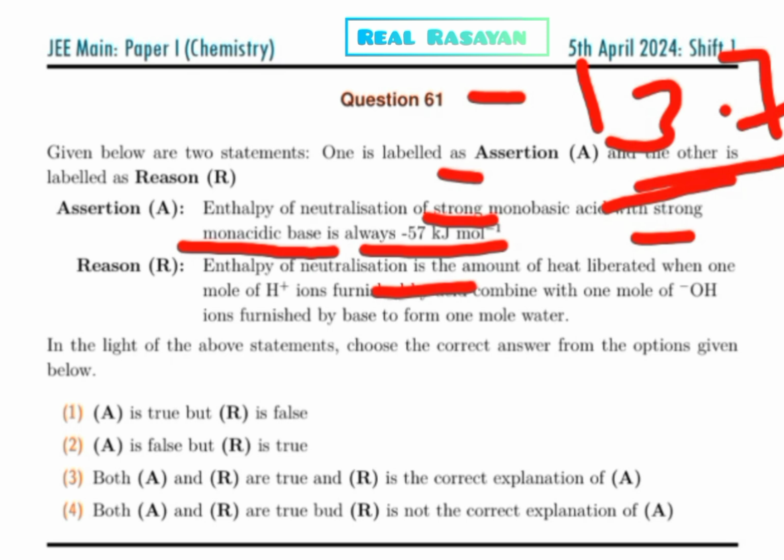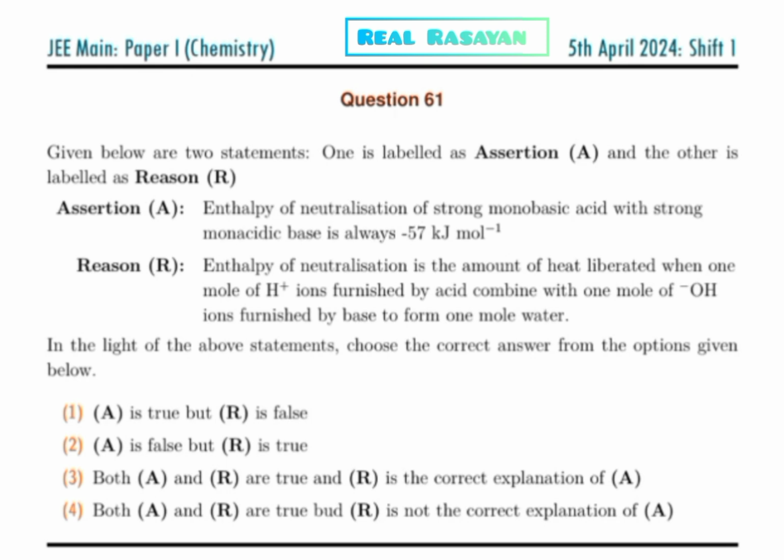So what will be the reason? The reason is that enthalpy of neutralization is the amount of heat liberated or released when 1 mole of H plus ions furnished by an acid combines with 1 mole of hydroxyl ions furnished by a base to form 1 mole of water.